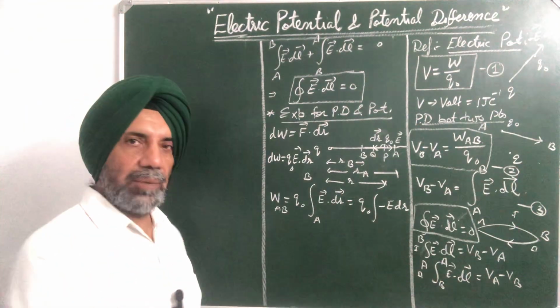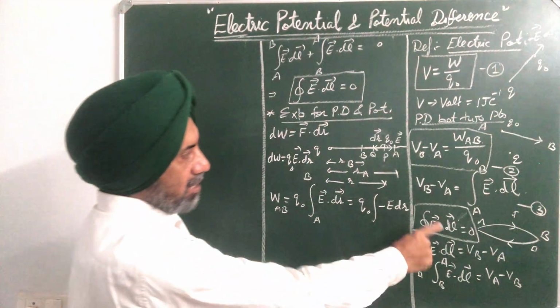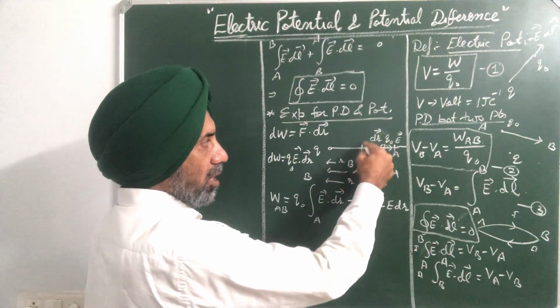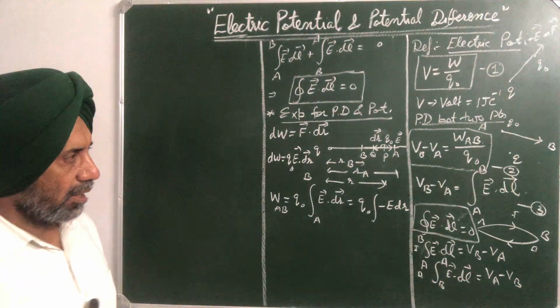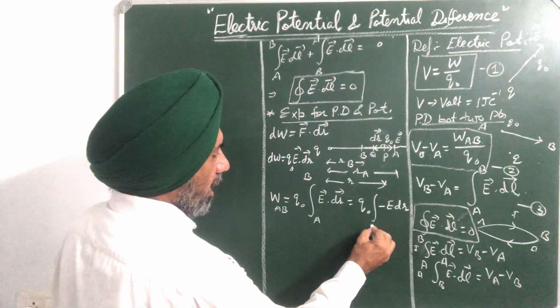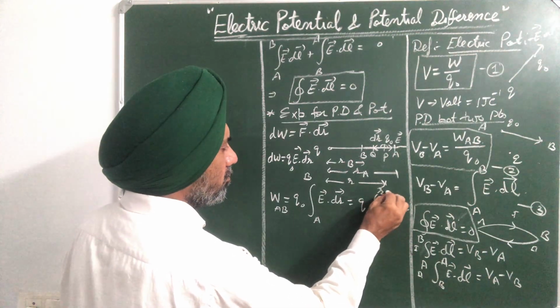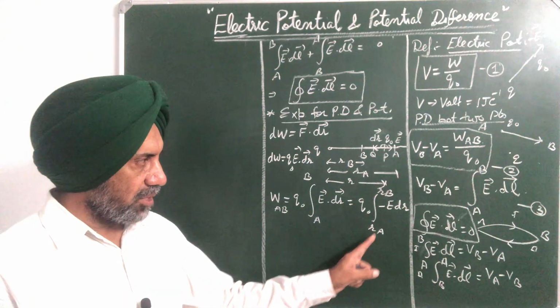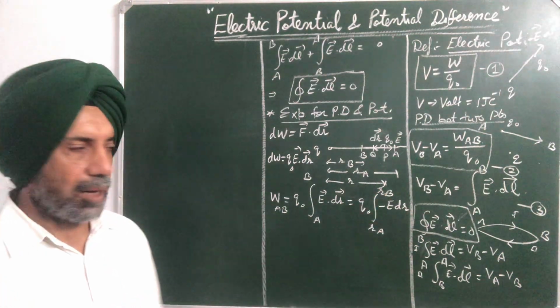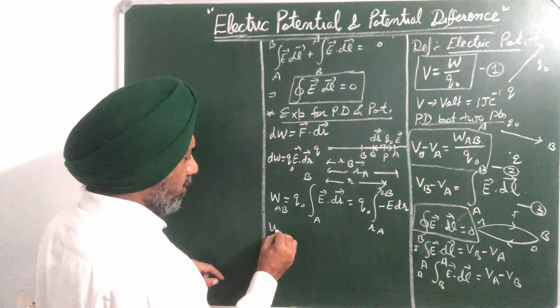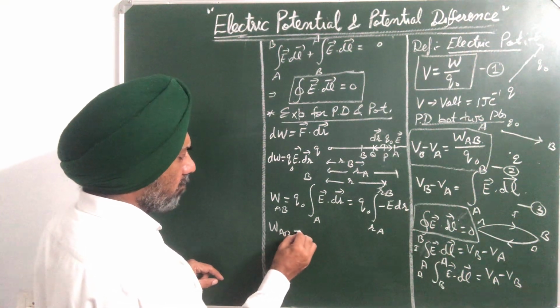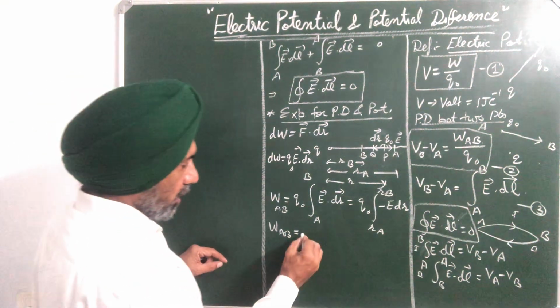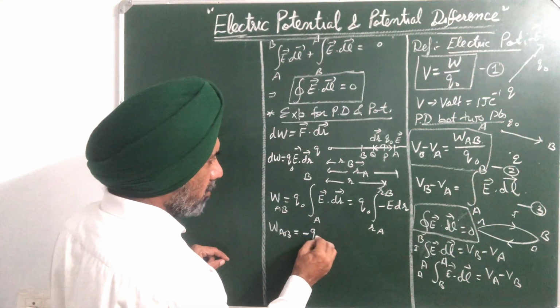Because A dot B is equal to AB cos theta, and cos theta in this case is cos 180 degrees, which is minus 1. The limits will be RA to RB, because we are integrating with respect to R. So W AB is equal to minus Q naught.